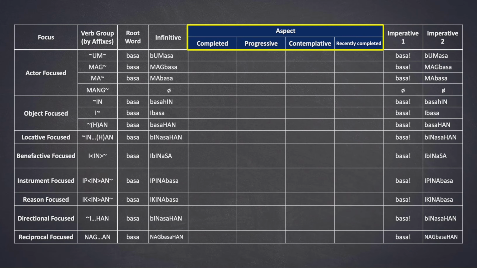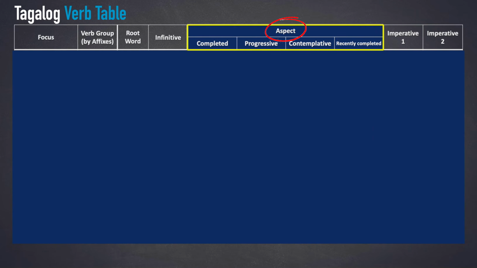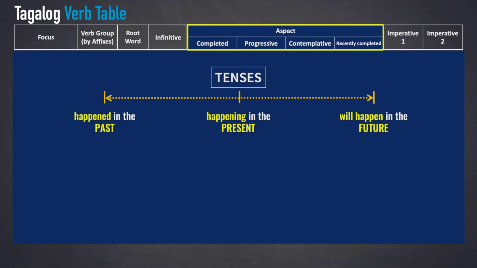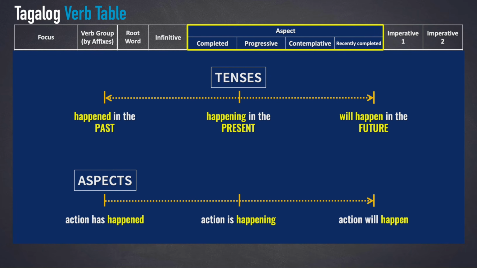of that video. But anyway, what are aspects and how are they different from tenses? The difference is in the perspective. While tenses point to the timeline when an action is playing out, whether in the past, what is happening at the present, or will happen in the future, aspects point out to what's going on with the verb or the progressiveness of the action, like whether the action has happened or whether the action is happening or whether the action will happen.